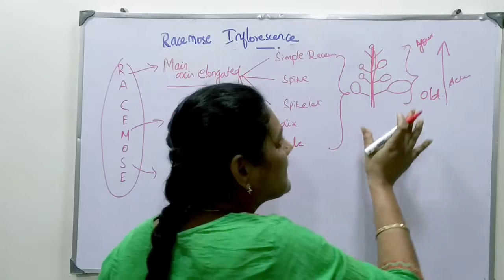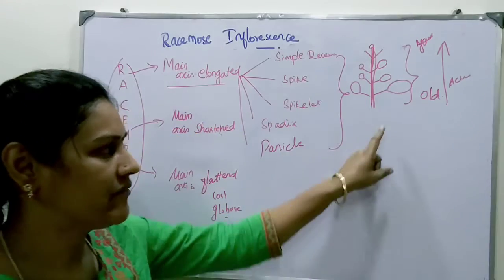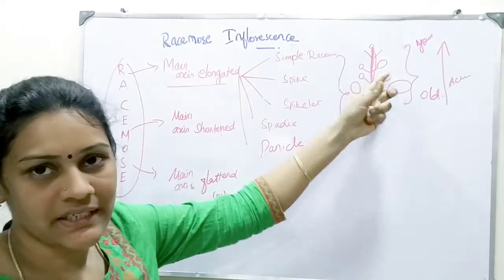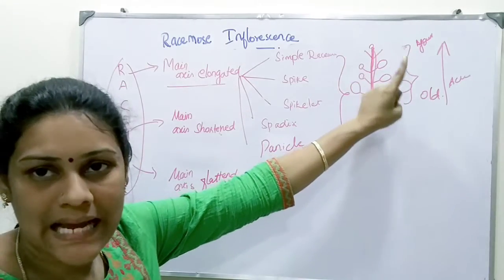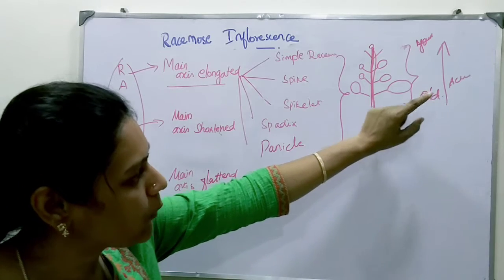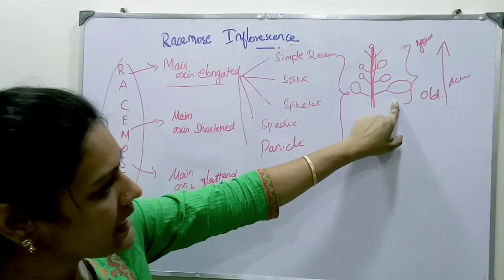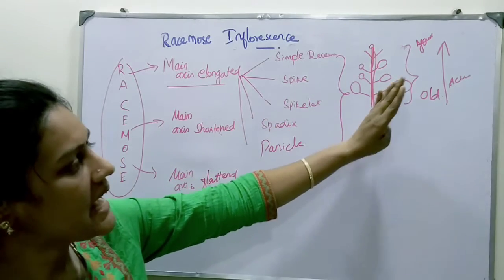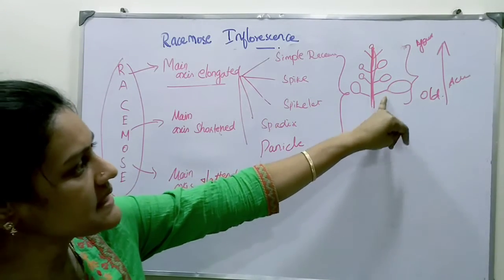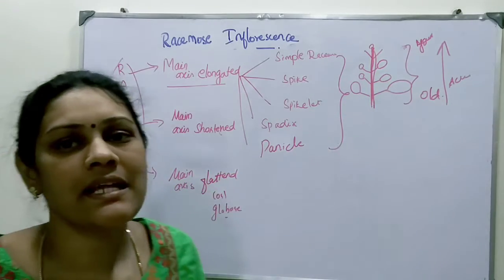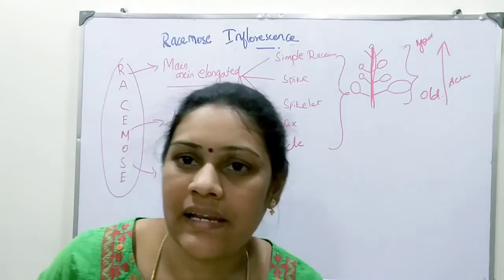So this simple raceme having the unbranched, here there are not many branches, it is single. Okay, so it's unbranched and it is acropetal succession, from the old flowers at the base and young flowers at the tip. So which is present as unbranched pedicellate flowers with the acropetal succession is called simple raceme.